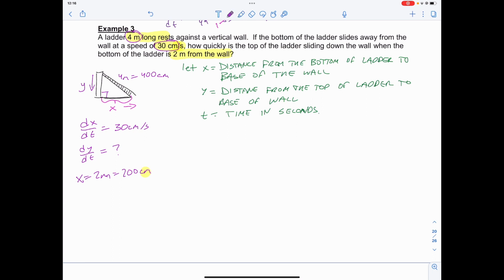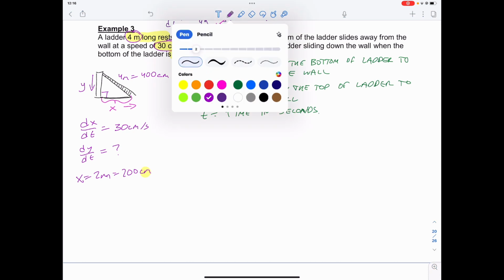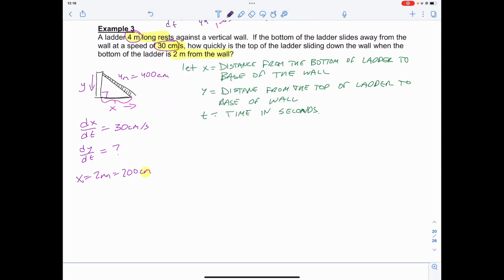It's still a right angle triangle, so I'm just going to use Pythagorean theorem. And I'm going to state that x squared plus y squared is equal to 400 squared. Well, when I differentiate this, what happens?